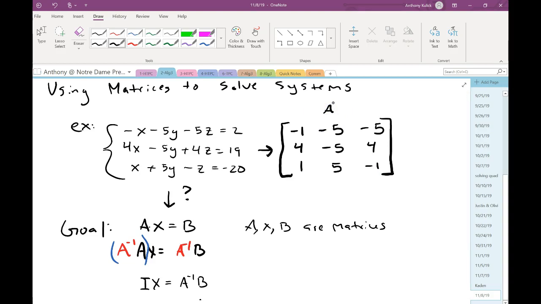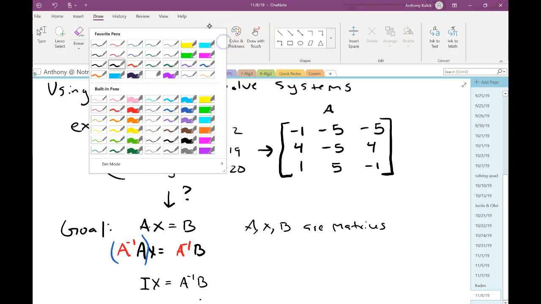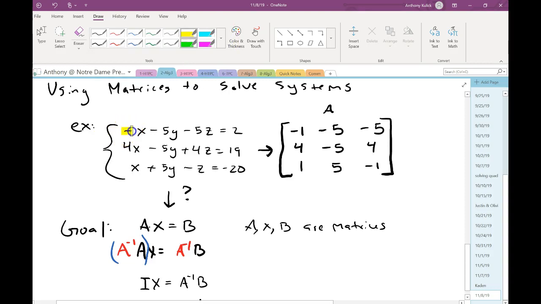Where did I get these numbers from in my matrix A? They are literally the coefficients from my system, right?